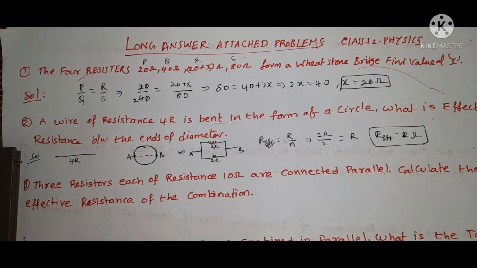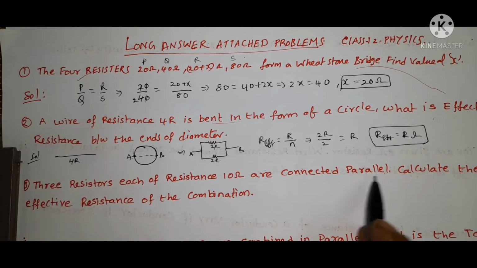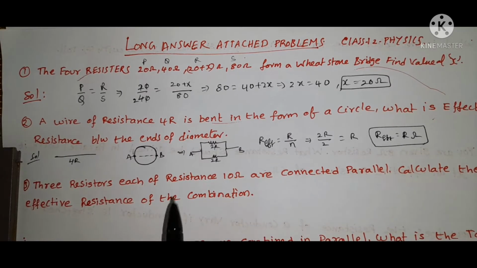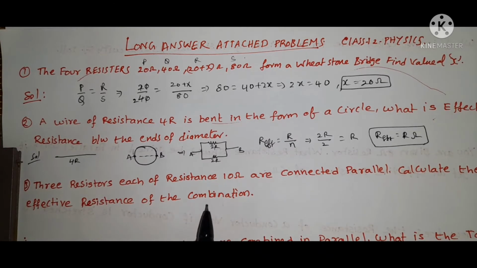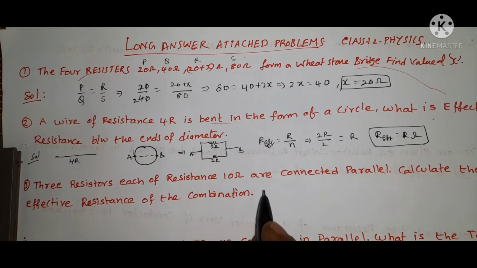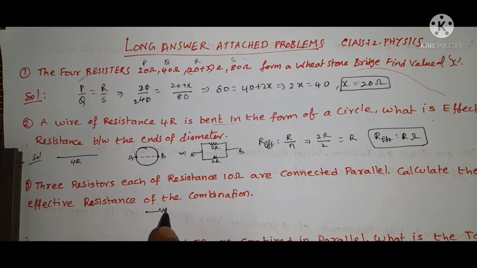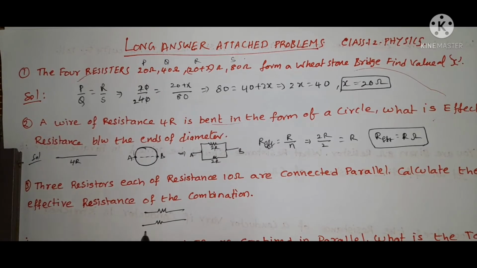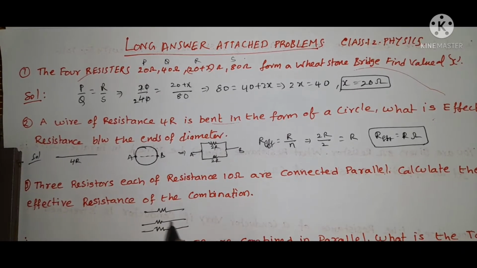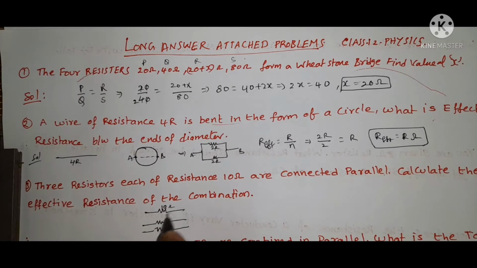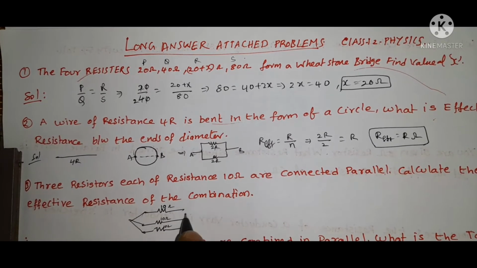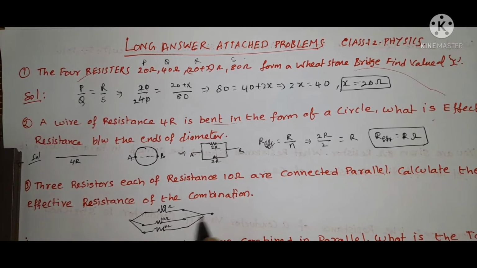Next, question number 3. 3 resistors, each of resistance 10 ohm, are connected in parallel. Calculate the effective resistance of the combination. You already did the same type of problems in the 10th class also. Parallel connection means like this: each having 10 ohms, 10 ohms, 10 ohms, all connected in parallel.